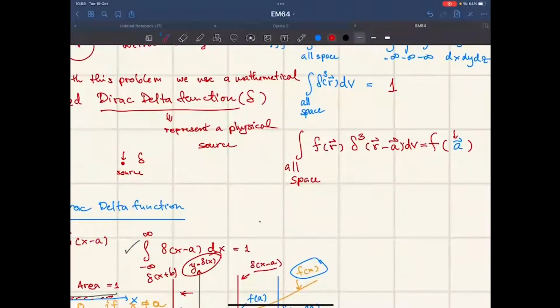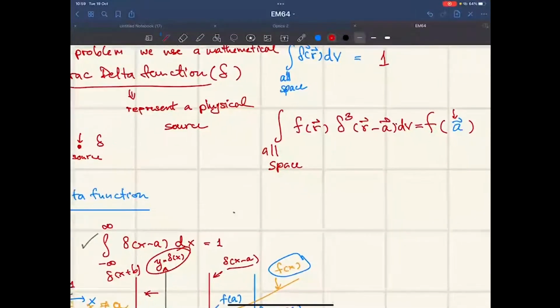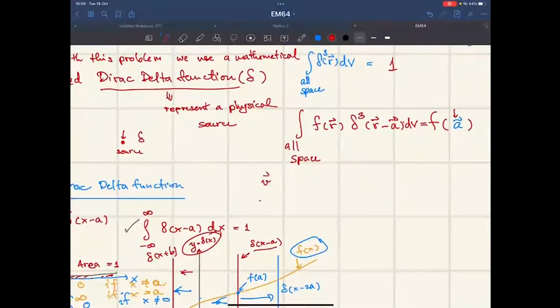Now, we go back to the original problem. What is our original problem? Our original problem is this thing, right? V is equal to 1 over r squared, like that. And we use the divergence theorem and prove that it becomes 0 equal to 4 pi, right?